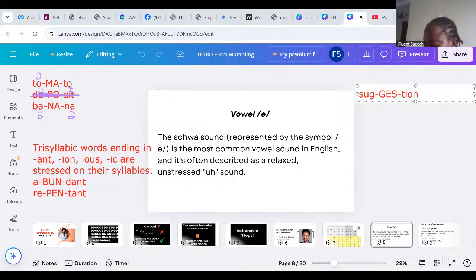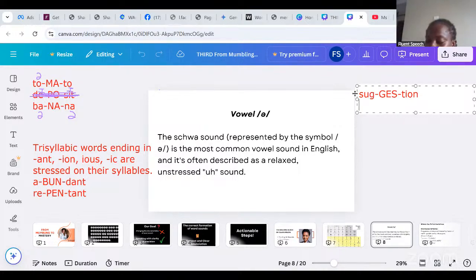The S before the TI makes the TI sound like CH. So the U in suggest, the first U, changes, and in the TION as well, the vowel there becomes a schwa. So there are 2 schwas in that word.